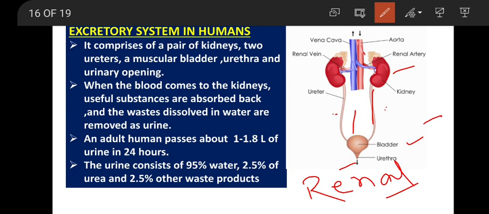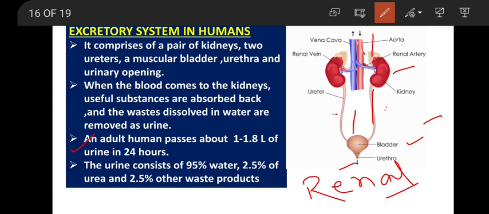So this excretory system helps in the removal of the waste product produced here. It is urine. That urine is removed through the kidneys. When the blood comes to the kidneys, the waste products will reach the kidneys. Blood will be filtered in the kidneys.